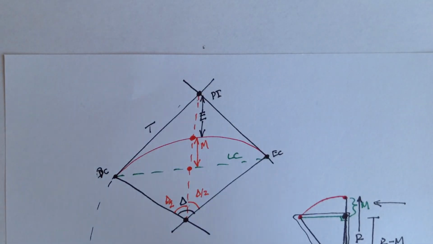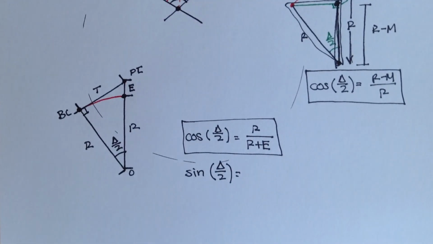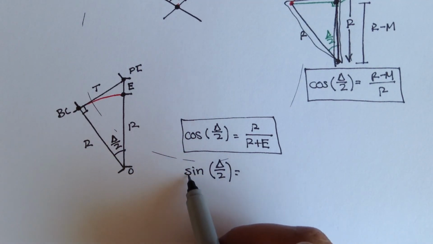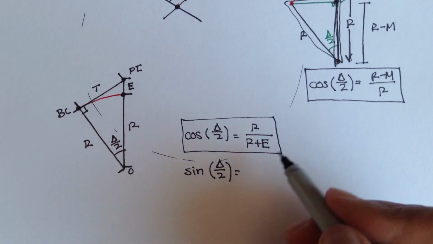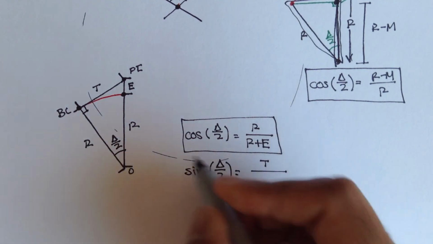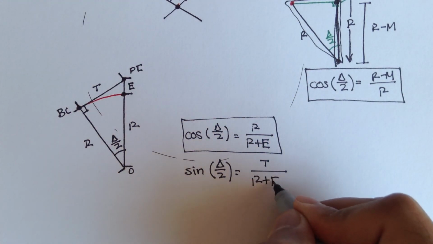So the sine of this angle is opposite over hypotenuse, which is T over R plus E.